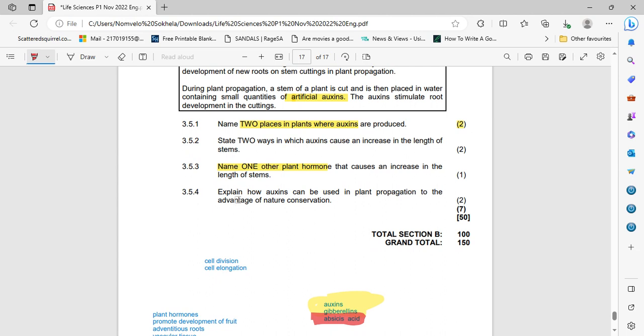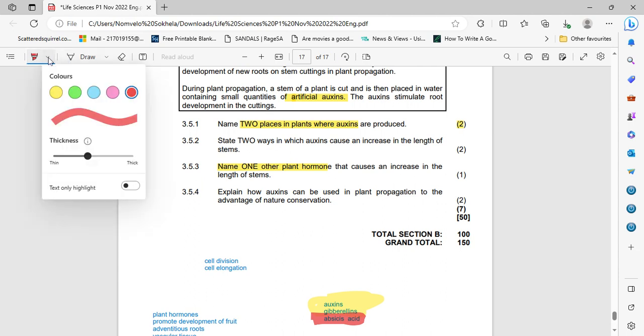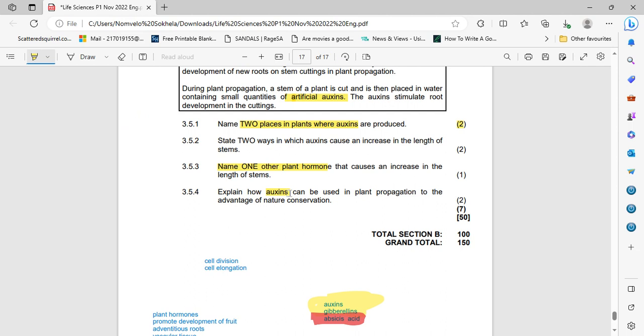3.5. Explain how auxins can be used in plant propagation to the advantage of nature conservation. Okay, so auxins are plant hormones that promote growth and can be used in plant propagation.